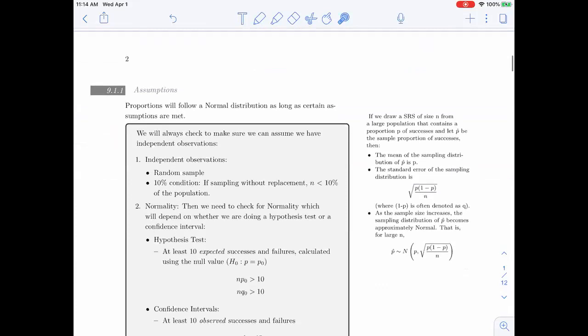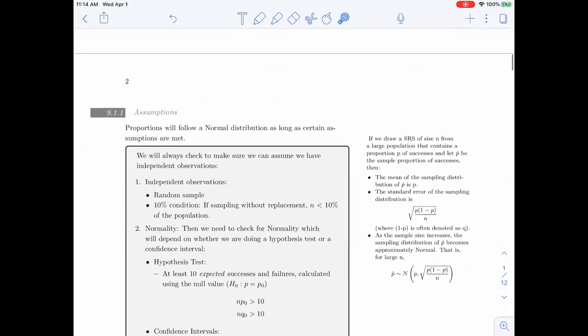One thing that's interesting about categorical data is proportions follow a normal distribution, which I know, crazy, but we have to check assumptions.